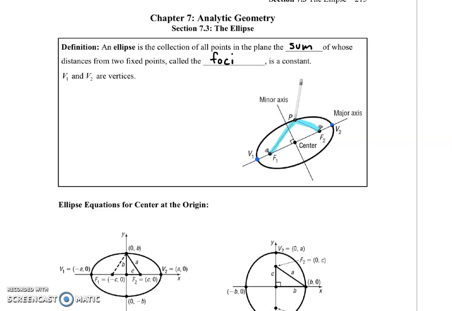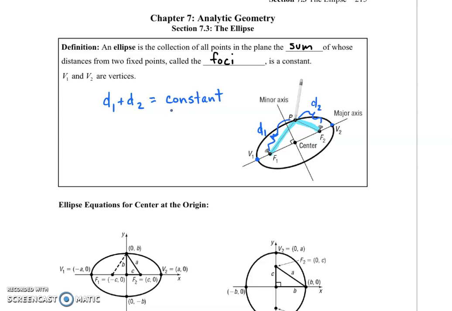And the trick here is that the distance from one focus to any point and the distance from the second focus to that same point, if we add those two distances together, they always equal a constant.